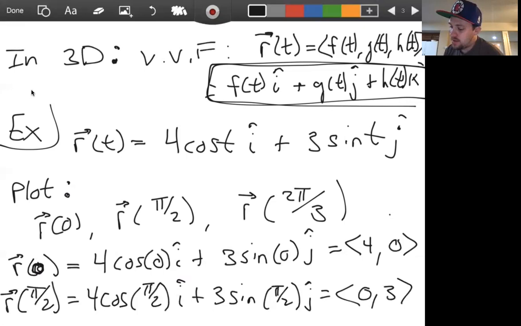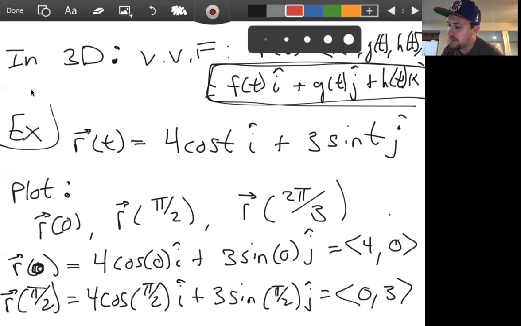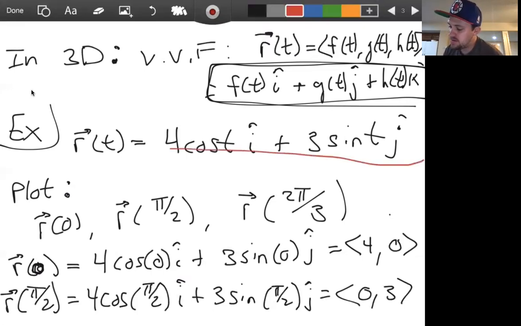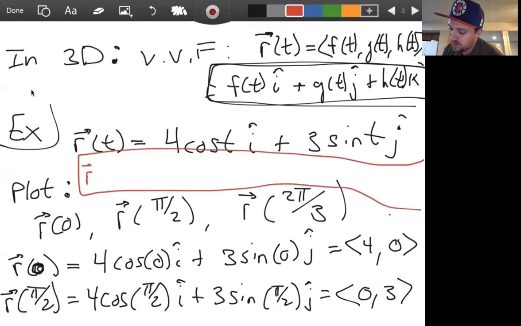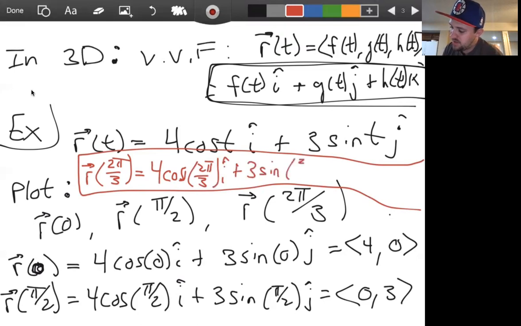Let's calculate, maybe I can do it up here in red, just to keep it on the same screen. Let's do r of 2 pi over 3. This is 4 cosine 2 pi over 3 i hat plus 3 sine 2 pi over 3 j hat, which is going to be the vector.